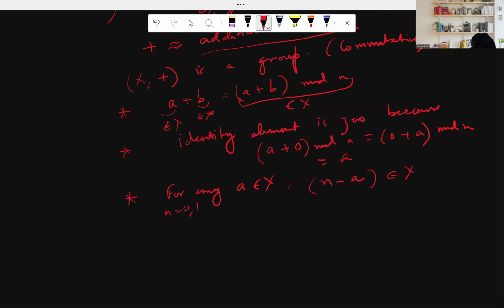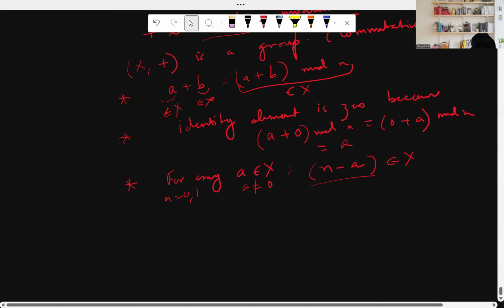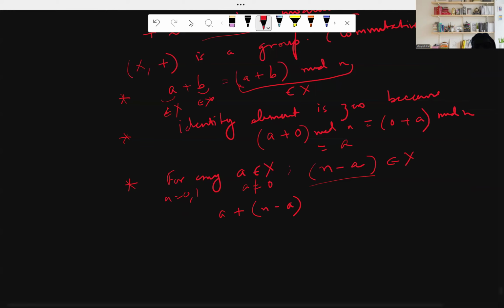So if A is 0, we will take the element as 0 itself. But for all A not equal to 0 in X, we can consider n minus A, and A plus n minus A is equal to 0 modulo n.